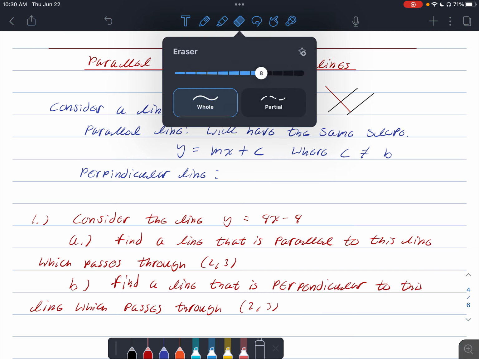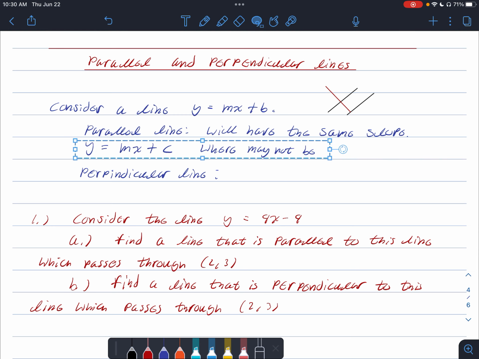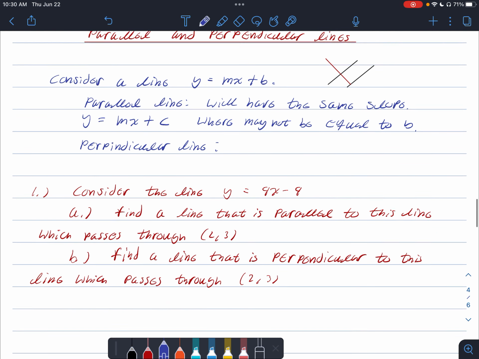I guess I should rewrite that. Where c may not be equal to b. Okay, so that is going to be the form of a parallel line.